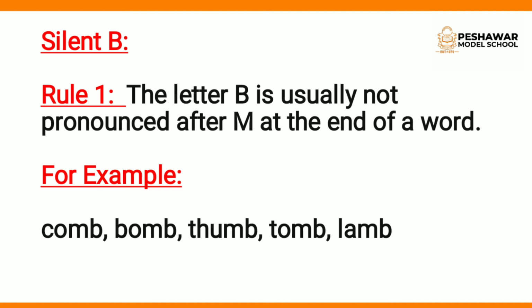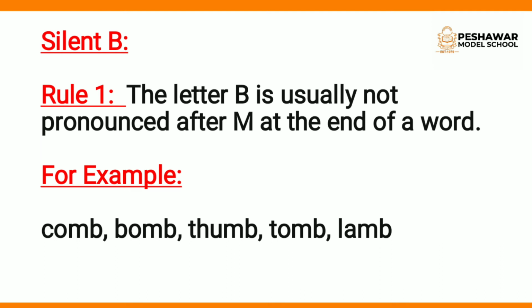Now look at the second word, bomb. Again there is M, so after M, B will be silent. Then thumb. We will not pronounce the B, because we have M, and after M there is B, so B will be silent. Then tomb, T-O-M-B.